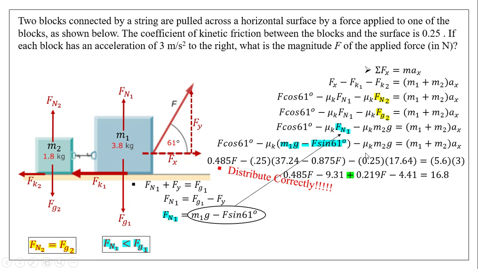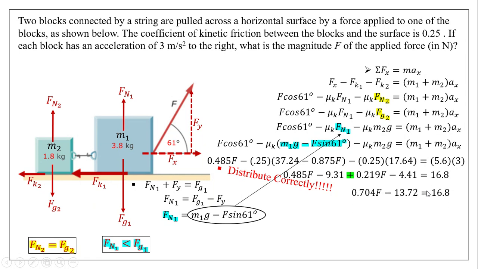All right, other than that, if you punch in negative 0.25 times 17.64, you get negative 4.41. And then you do 5.6 times 3, you get 16.8 on the right side of the equal sign. And here, really, we're just going to combine like terms. This first term has an F. This third term here has an F, and everything else are just plain coefficients.